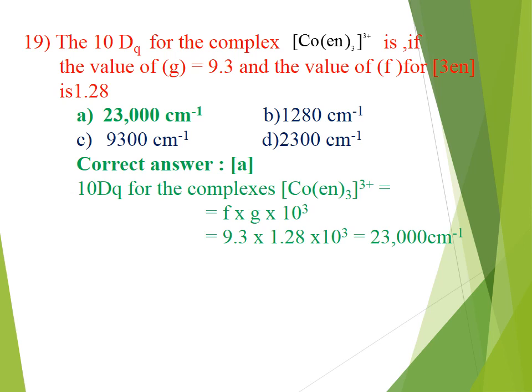The value of f is equal to 1.28 and the value of g is equal to 1.8 into 10 to the power of 3, which will be equal to 23,000 centimeter inverse. For this problem, the correct option is A, 23,000 centimeter inverse. If the values of f and g are given, the simplest formula to calculate the value of 10 Dq is f into g into 10 to the power of 3. The 10 Dq will be equal to delta 0.